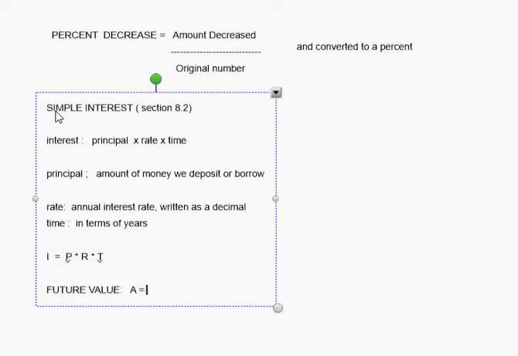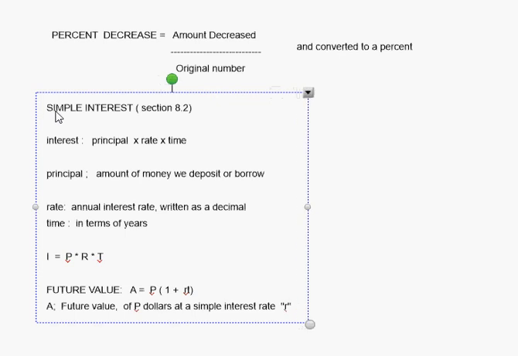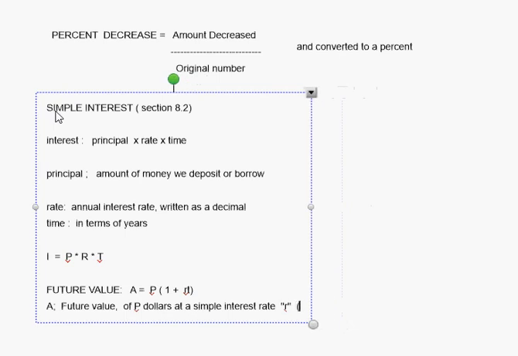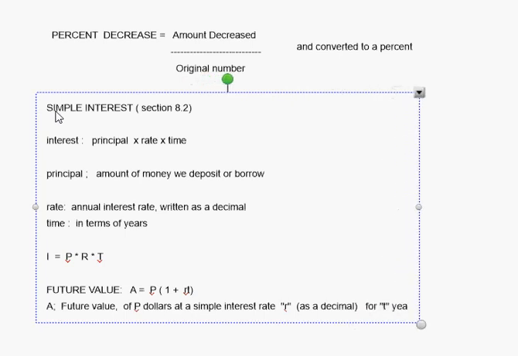If you have A equals P(1 + rt), A is considered the future value of P dollars at simple interest rate r as a decimal for t years.